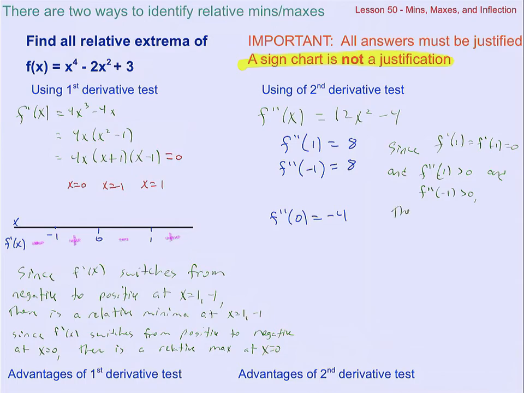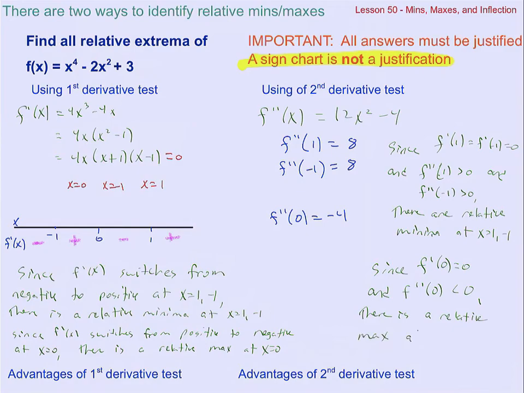That is enough to say that there are relative minima at x equals 1 and negative 1. And then we can also say, since f prime of 0 equals 0 and f double prime of 0 is negative, there is a relative max at x equals 0.